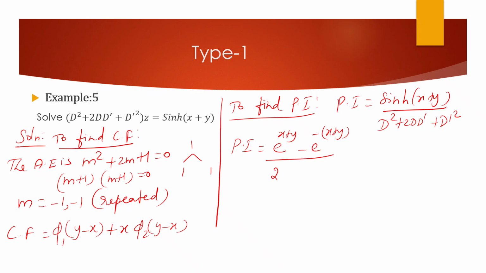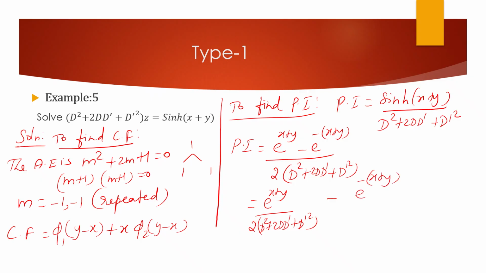And in the denominator we have d square plus 2d d dash plus d dash square, and we can separate this term. So it is e power x plus y by 2 into d square plus 2d d dash plus d dash square, and the second term is e power minus of x plus y by 2 into d square plus 2d d dash plus d dash square.